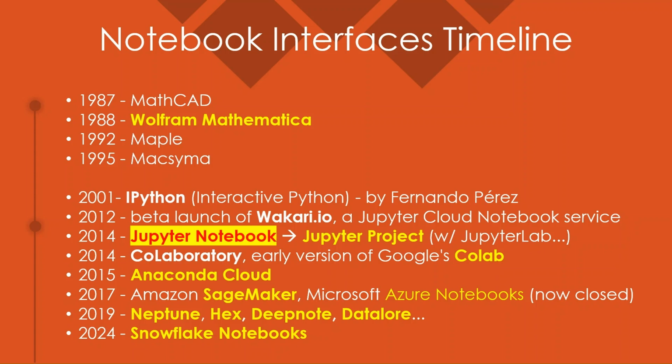But if you look at their web UIs, they are more refined, they are enriched, with many other features, many other integrations with all sorts of databases, you name them. And I mentioned here Neptune, Hex, DeepNote, Datalore. We'll look into some of these in detail.